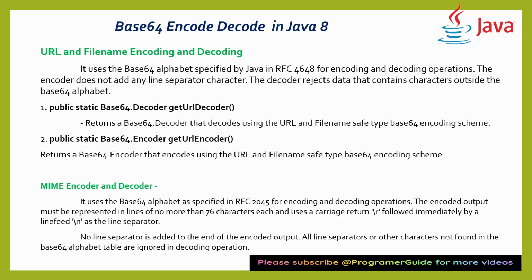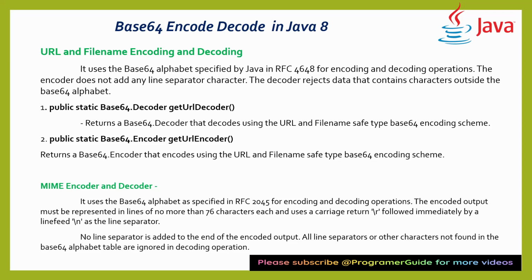It uses the Base64 alphabet as specified in RFC 2045 for encoding and decoding operations. The encoded output must be represented in lines of not more than 76 characters, because in one line you should have 76 characters each, and it uses a carriage return \r followed immediately by a line separator.